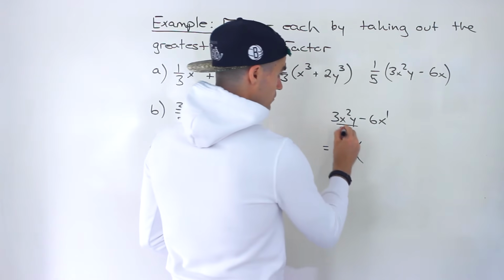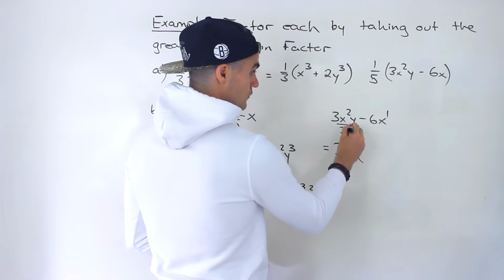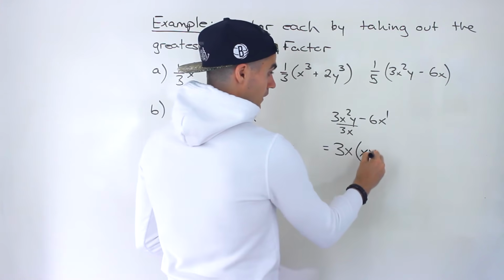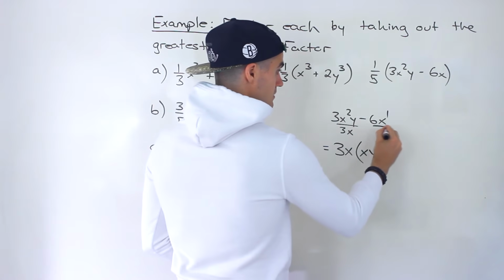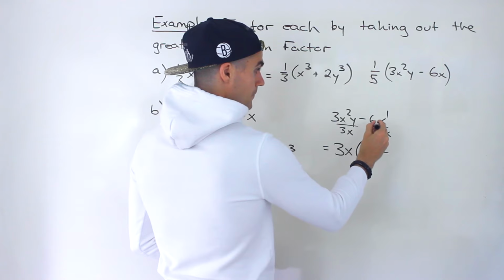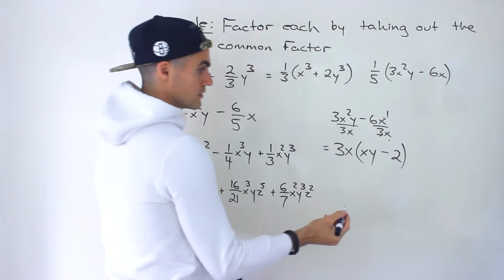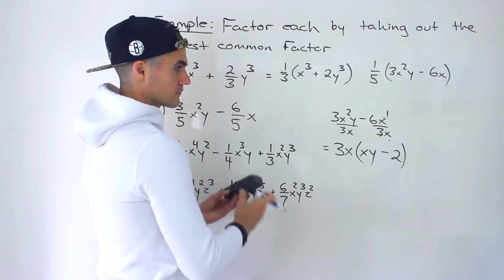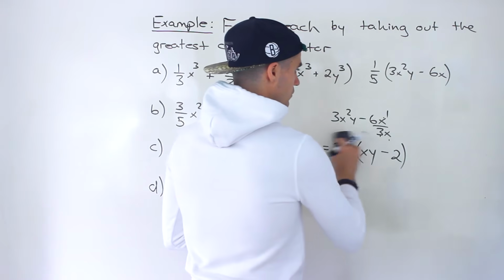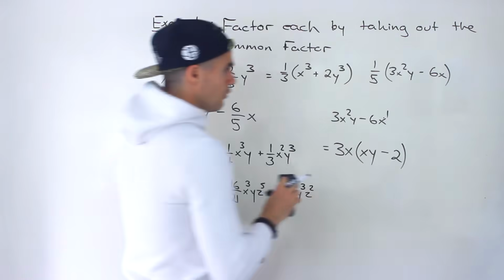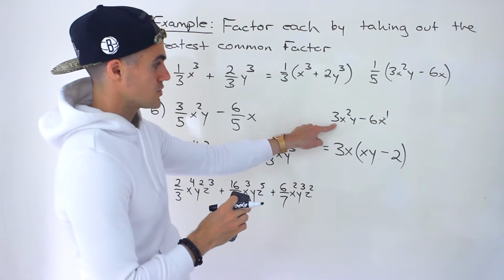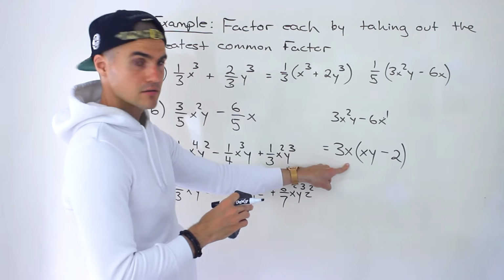We would divide this by 3x, the 3's cancel out, x to the 2 over x to the 1 gives us x. We got the y there, minus x's cancel out, 6 divided by 3 gives us 2, like that. Okay, so this expression factors into that.